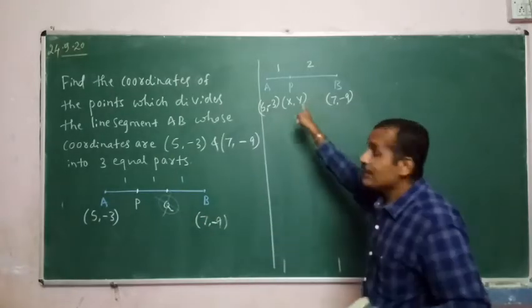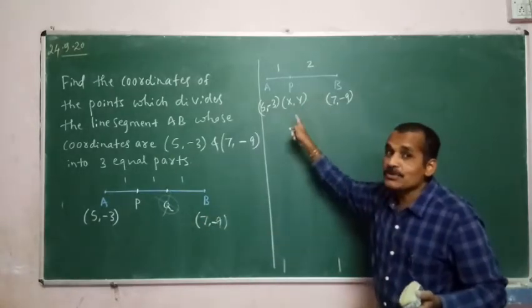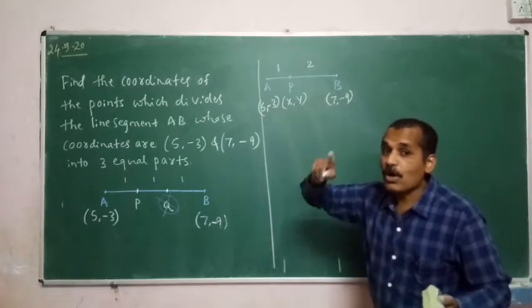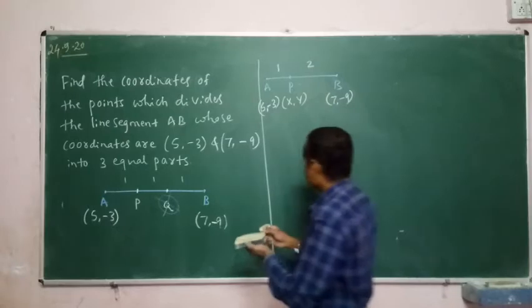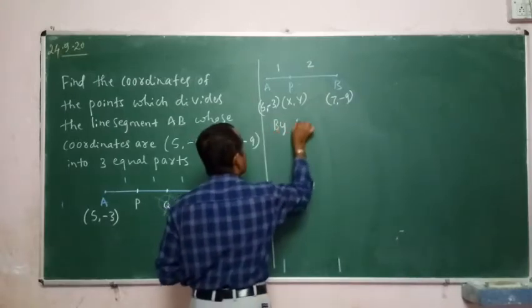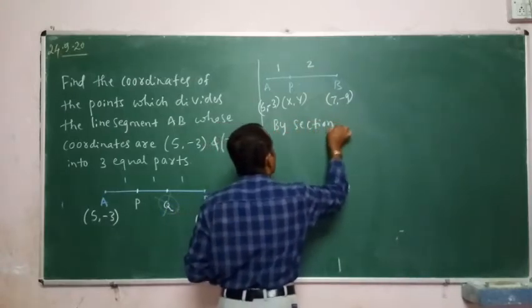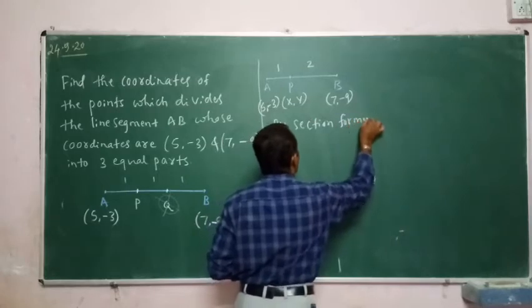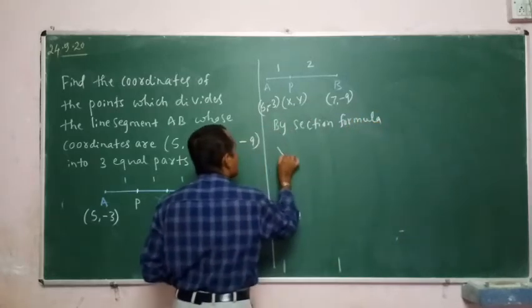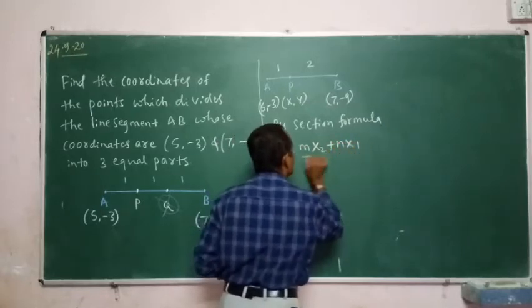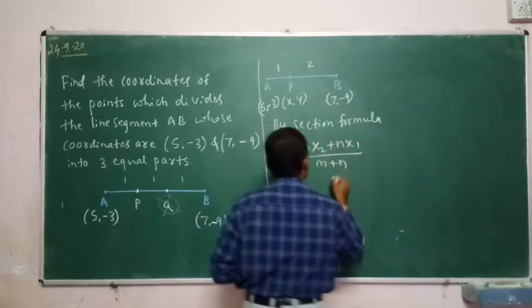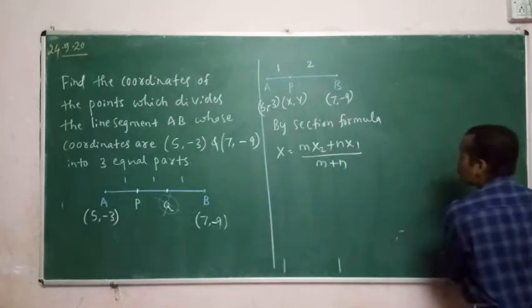Okay, come on. But here I can't use the simplified formula of the section formula because the ratio is 1 is to 2. By section formula, what can I do? X is equal to mx2 plus nx1 divided by m plus n. Substitute.